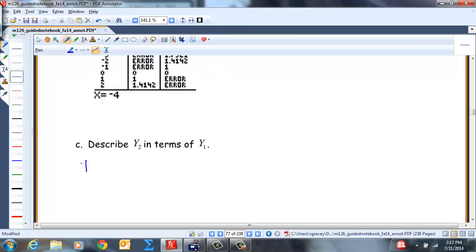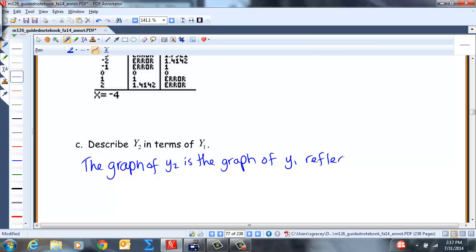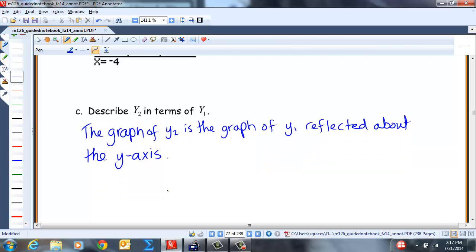So the graph of y2 is the graph of y1 reflected about the y-axis. So when the negative is inside the function, you reflect it across the y-axis. When the negative is applied after the function is found, you reflect it across the x-axis.